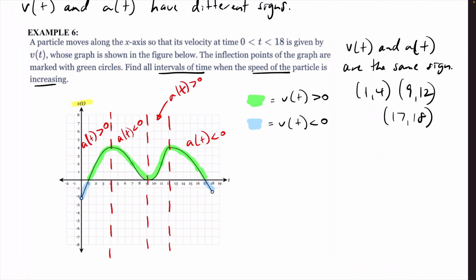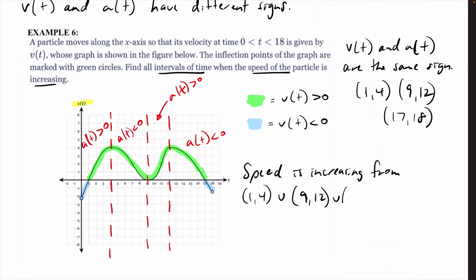All right. So we say speed is increasing from 1 to 4, or 9 to 12, or 17 to 18, because, let's see, V of t and A of t have the same sign.